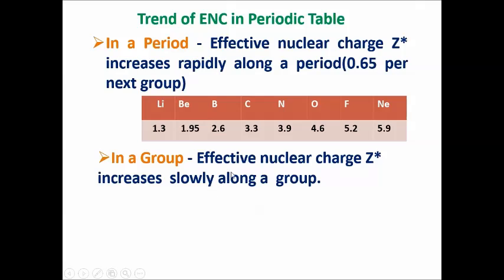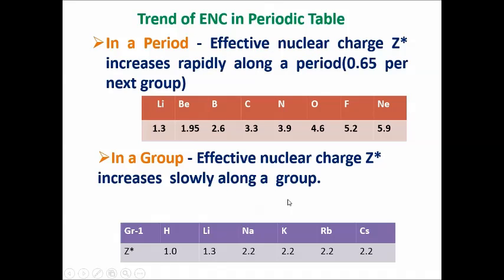In a group, the effective nuclear charge increases slowly. So what is the difference? Along a period it increases rapidly, while along a group it increases slowly. Take the first group: hydrogen, lithium, sodium, potassium, rubidium, cesium. The effective nuclear charge is 1, 1.3, 2.2, 2.2, 2.2, 2.2.